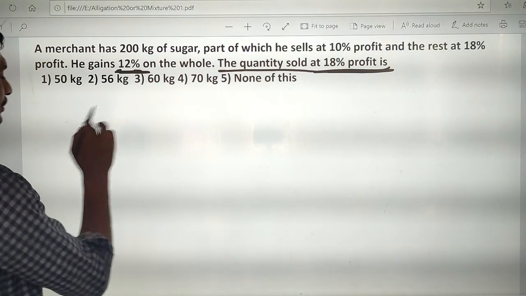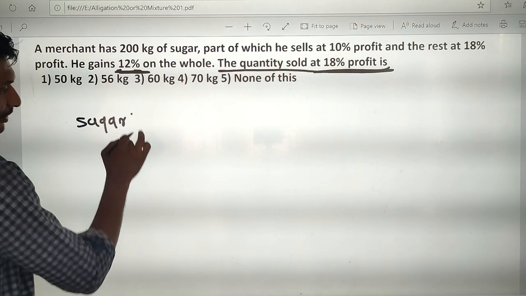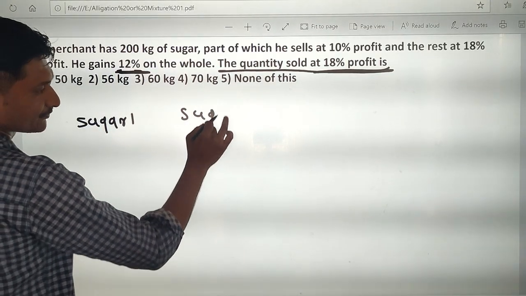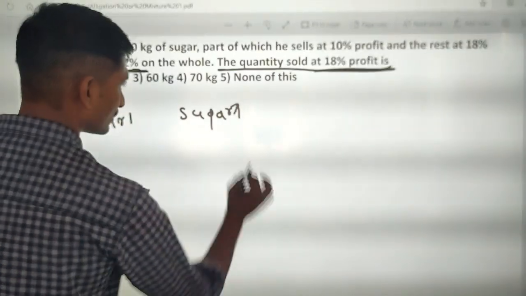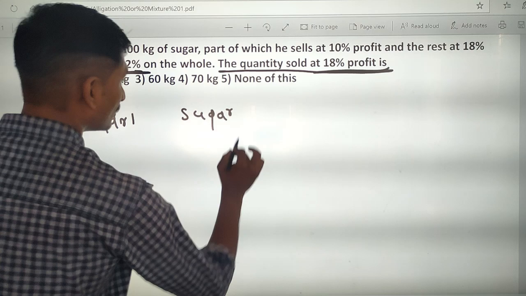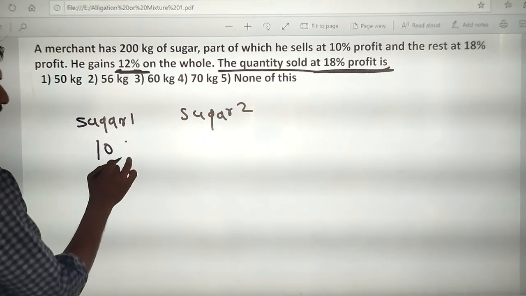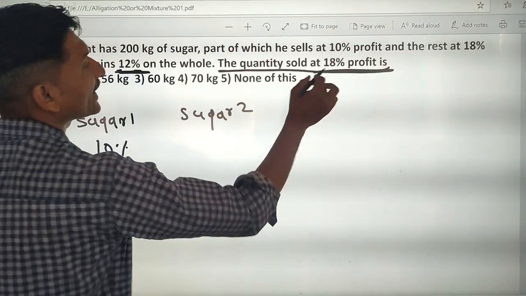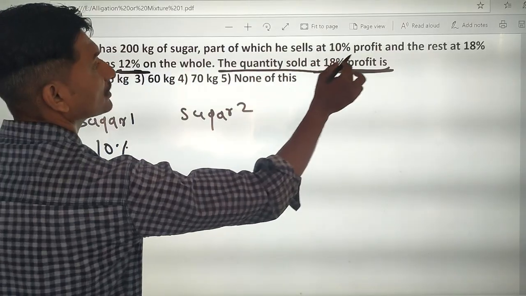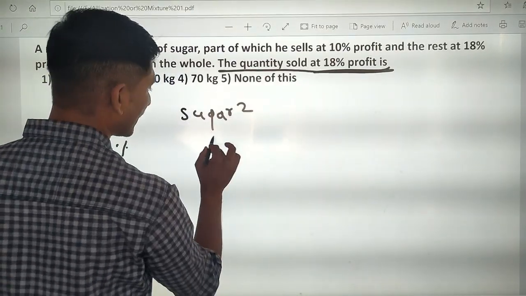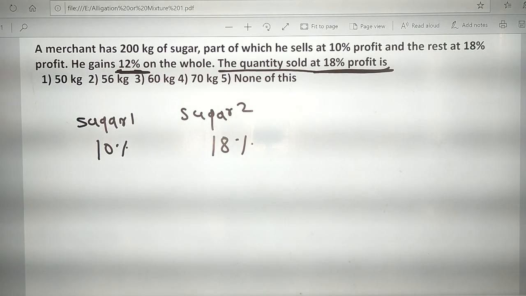Here there are two types of sugar, sugar 1 and sugar 2. Sugar 1 is sold at 10% profit and sugar 2 is sold at 18% profit.